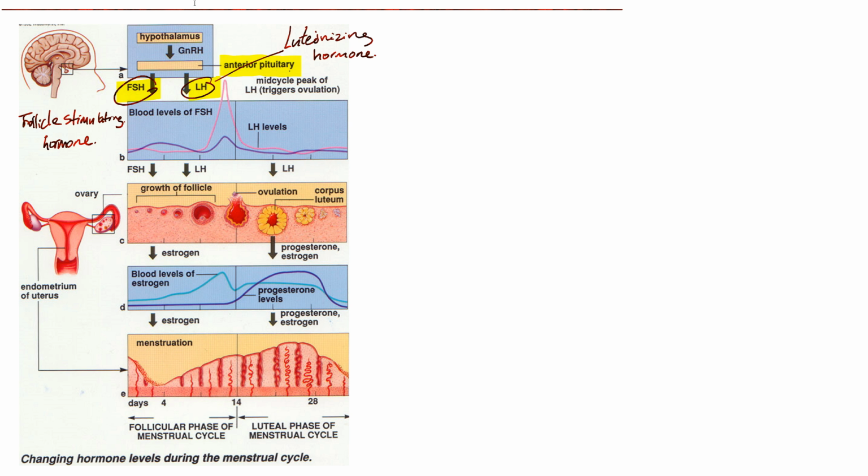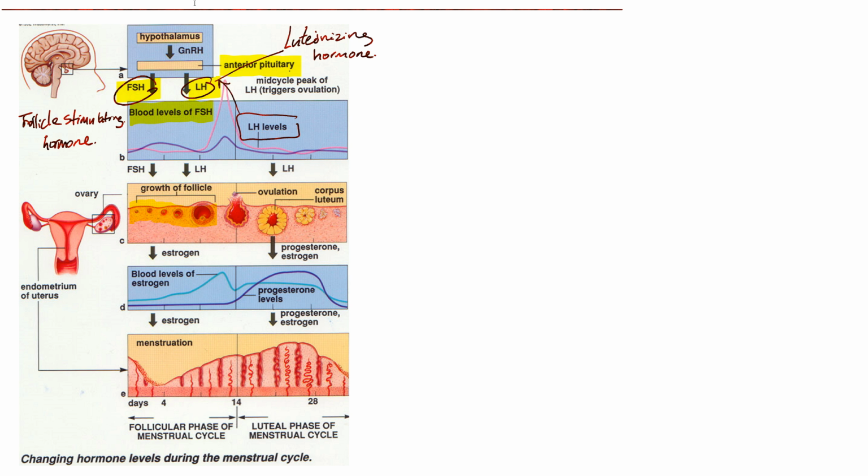FSH is going to start to increase and stimulate the production of follicles, right? So follicles are going to start developing if there is a high level of FSH. Then after 13 to 14 days, luteinizing hormone is going to start peaking. You can see that LH is this pink color over here.